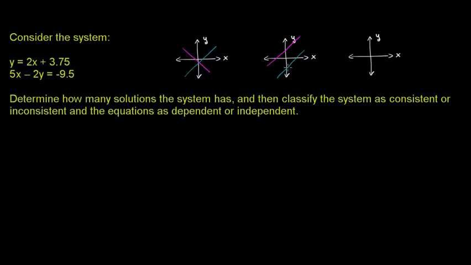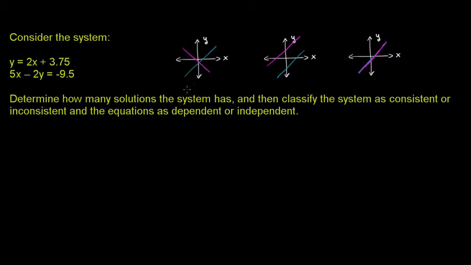The different y-intercepts are what allow them to be different but parallel lines, and parallel lines never intersect. And then finally, you could have a scenario where both equations are essentially describing the exact same line.